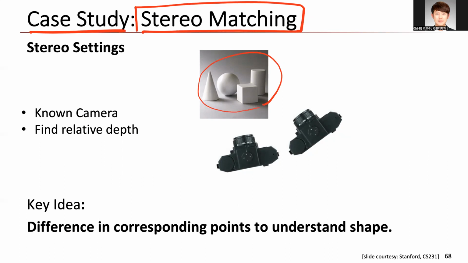Similar to human eyes, we use two cameras, a left camera and a right camera, with known camera poses. We find the relative depth between the left and right images. Correspondences between the left image and right image give us depth information, 3D information. That's stereo matching.